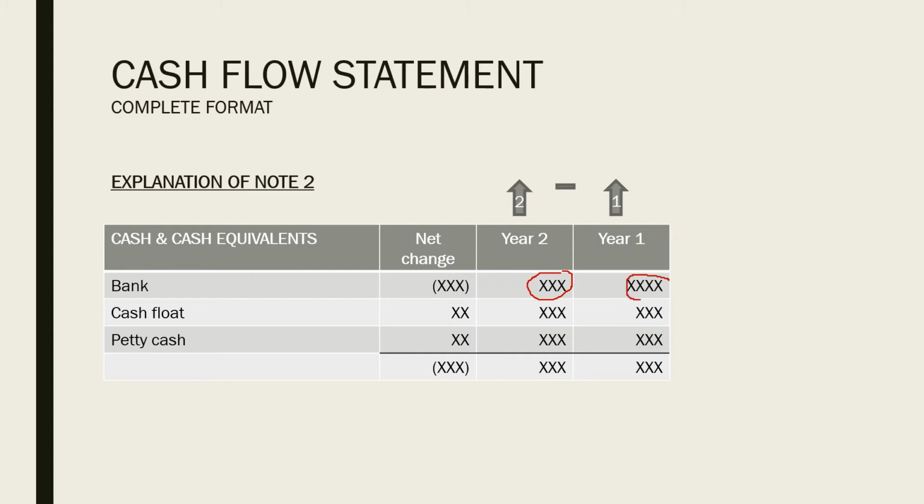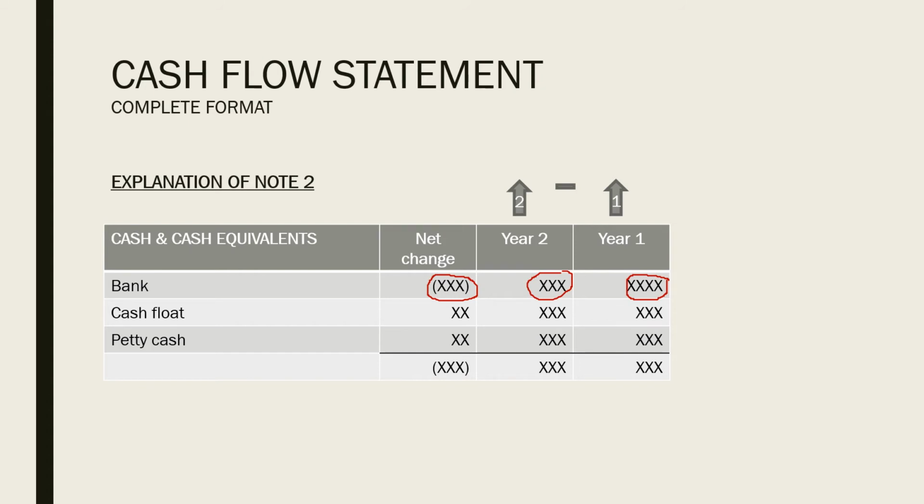If this value minus this value is negative, in other words this value is smaller and this value is bigger, that is going to give us a net cash outflow, which is why that would be bracketed. Obviously, if the balance in the bank was bigger in year 2 than it was in year 1, there would be no brackets here because that would be a cash inflow.